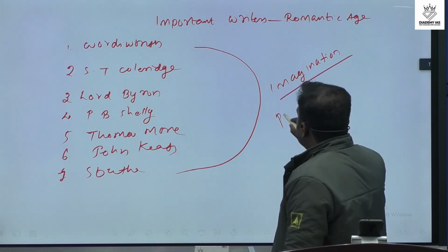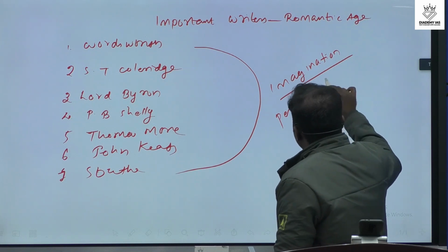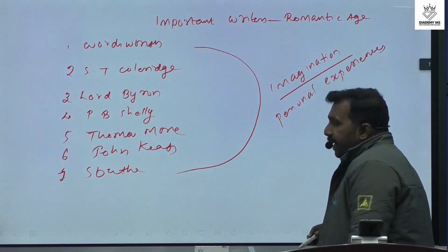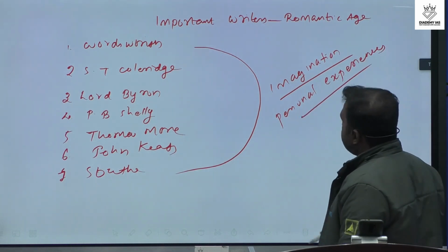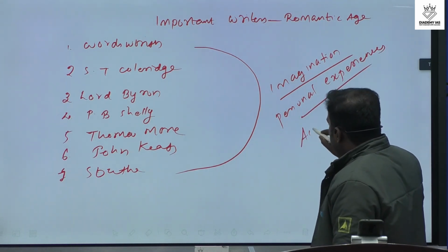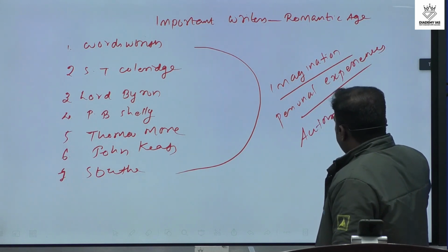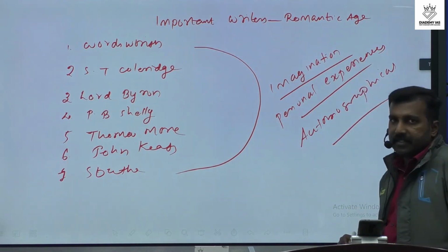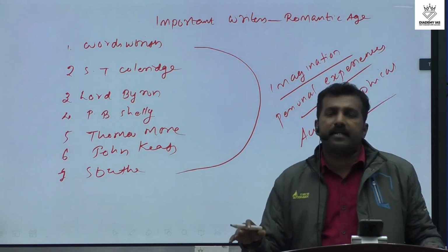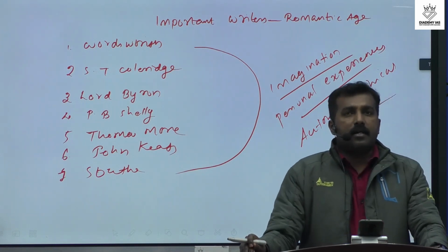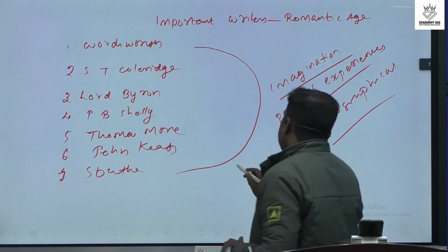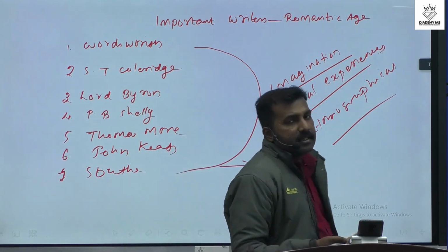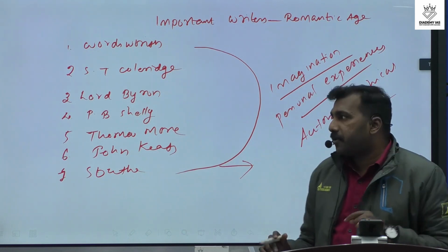Then personal experiences, and mainly autobiographical. All these are the features. Commonly we can say that these writers generally used different types of devices in the Romantic age, specifically personification.